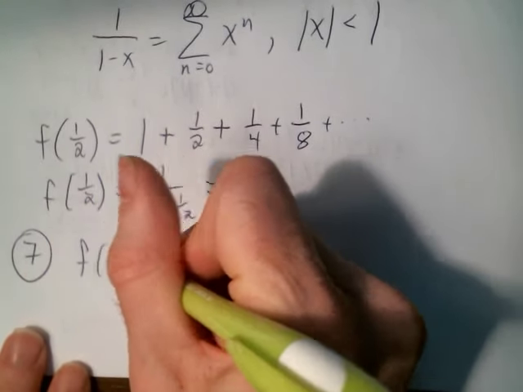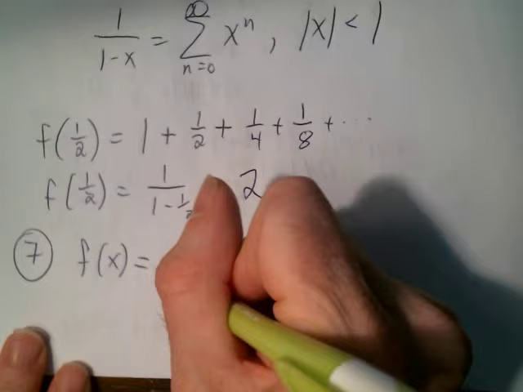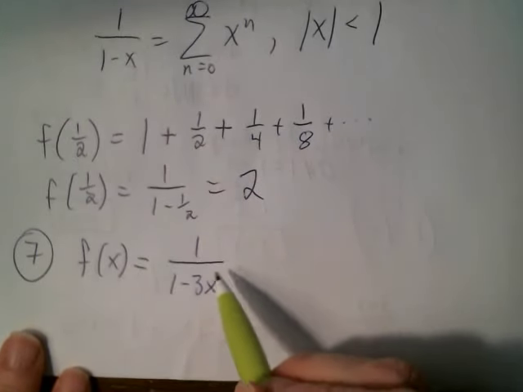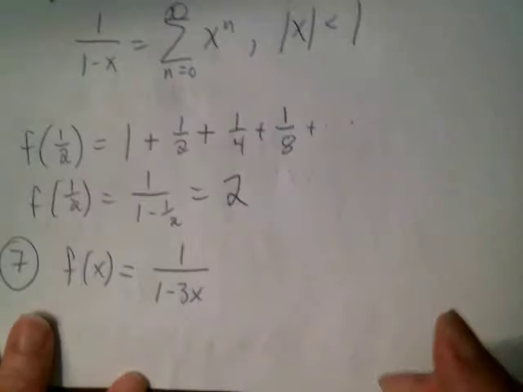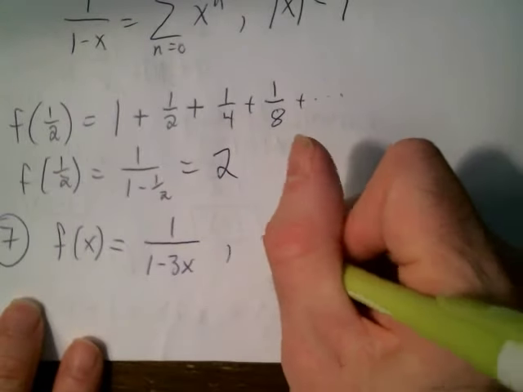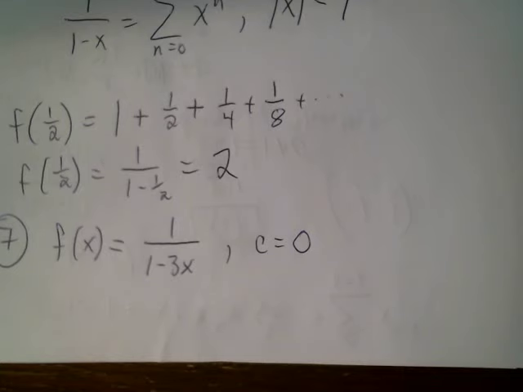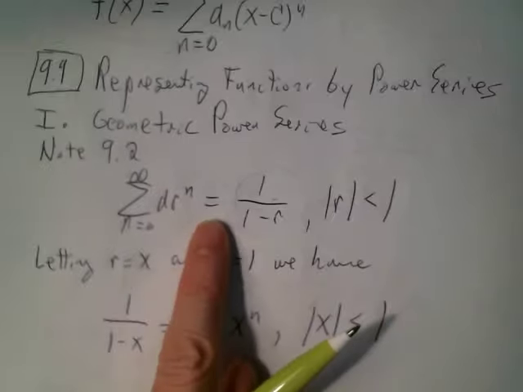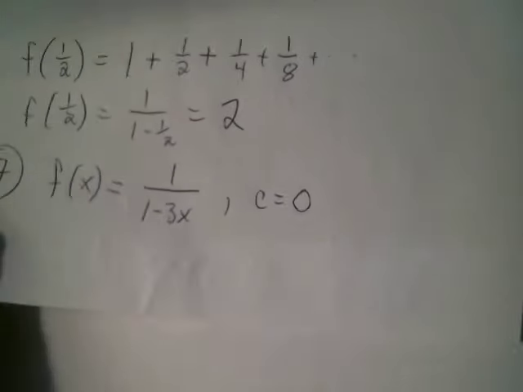You'll begin getting a flavor for it from creating the power series representation for variable expressions based off of this idea. Okay, so here they're telling you c is 0, and we want the power series representation for 1 over 1 minus 3x. It just comes down to a substitution into this form, right?